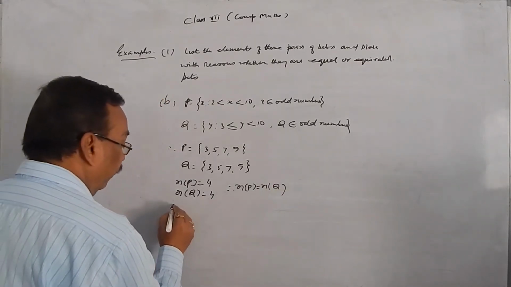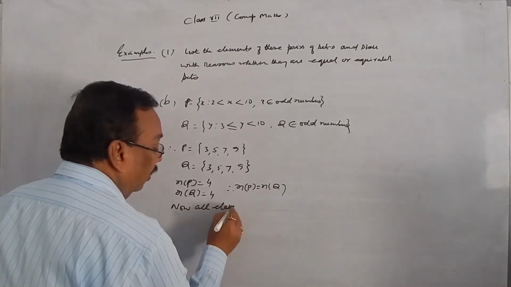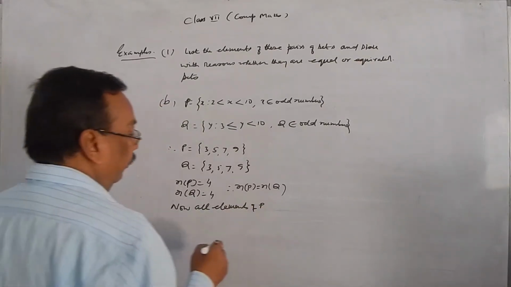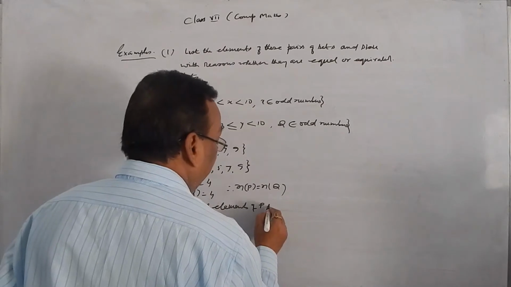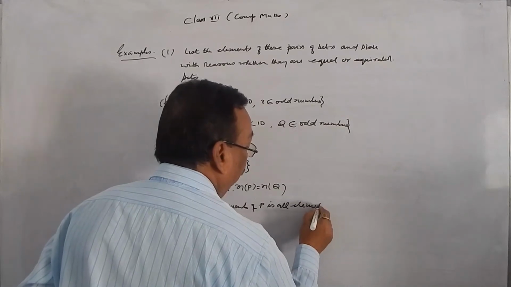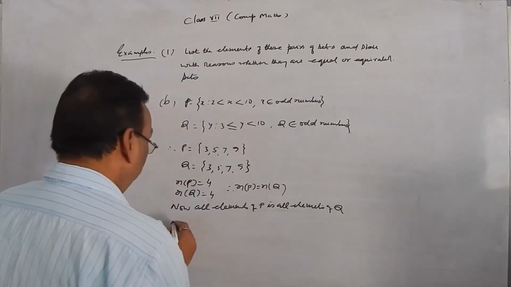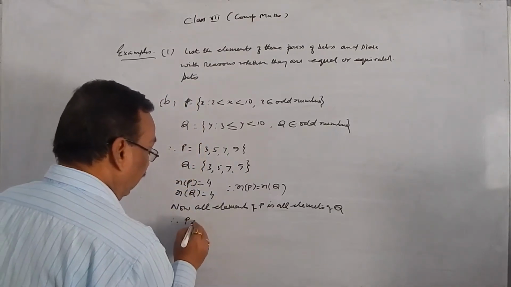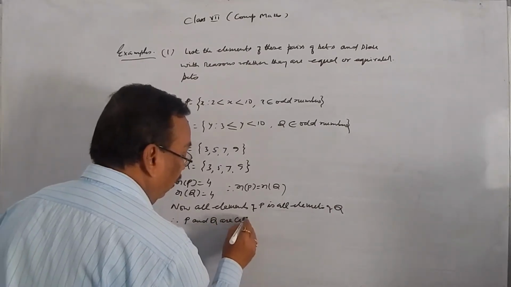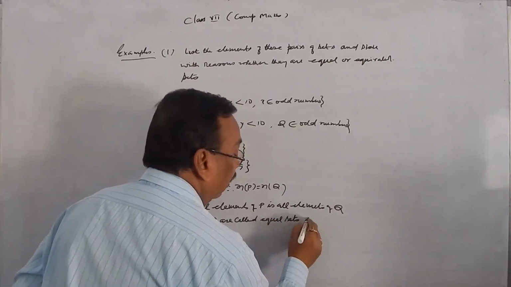Now all elements of P are also elements of Q. Therefore, P and Q are called equal sets.